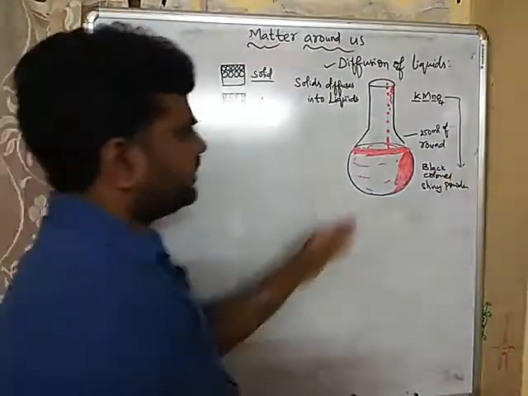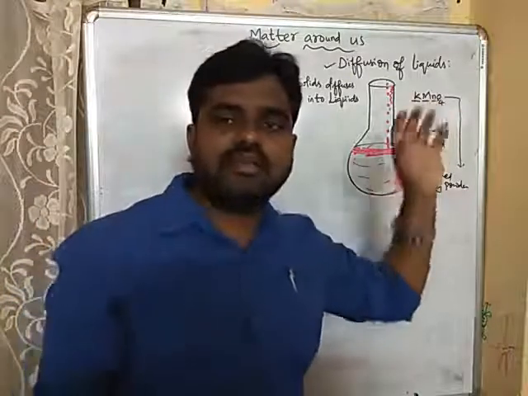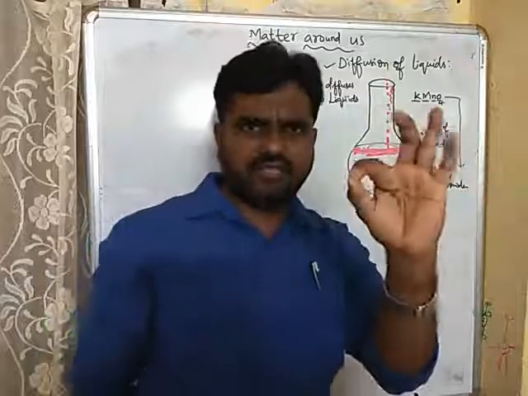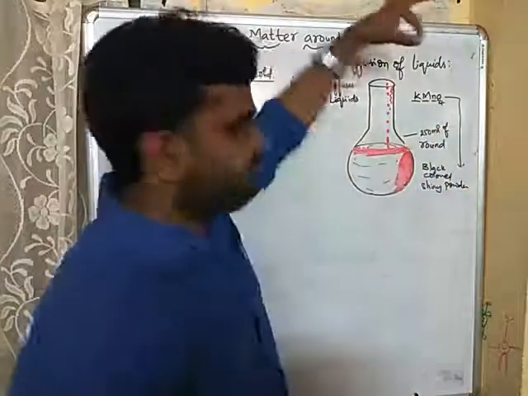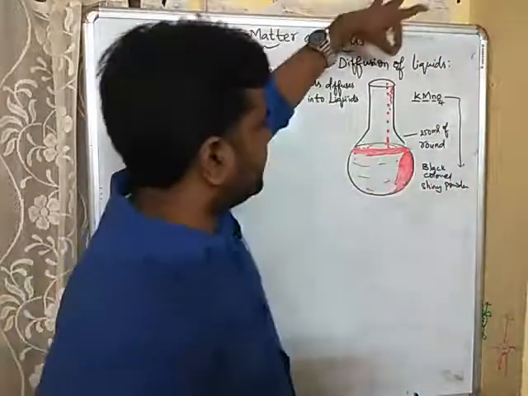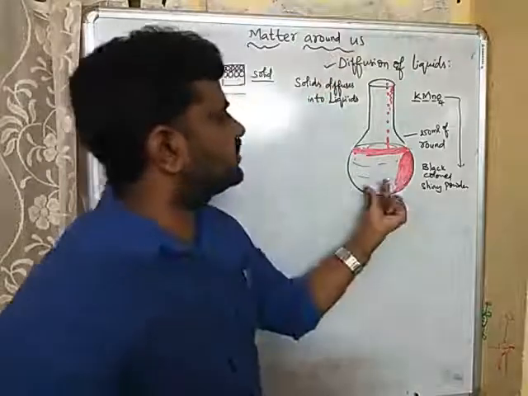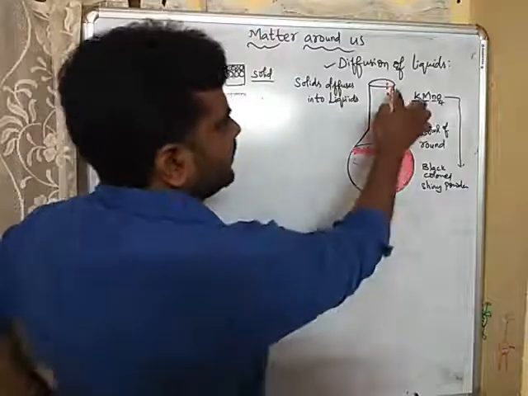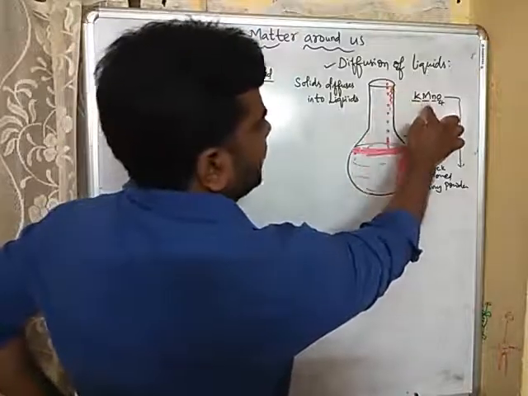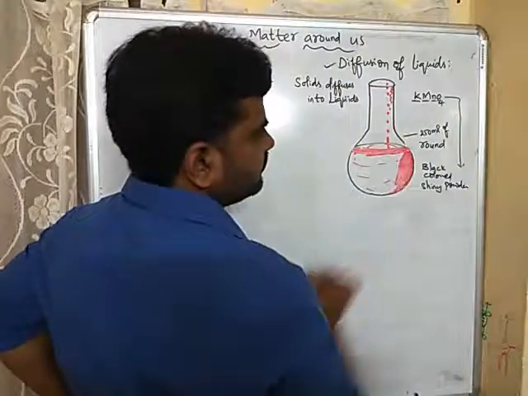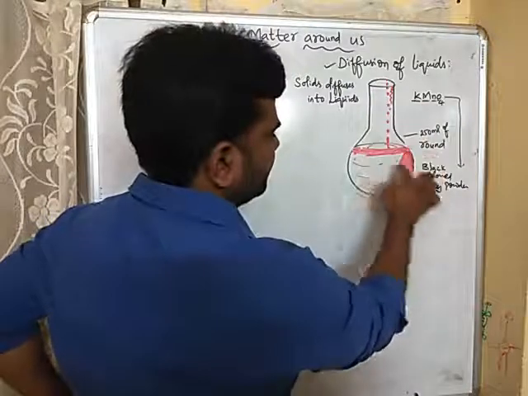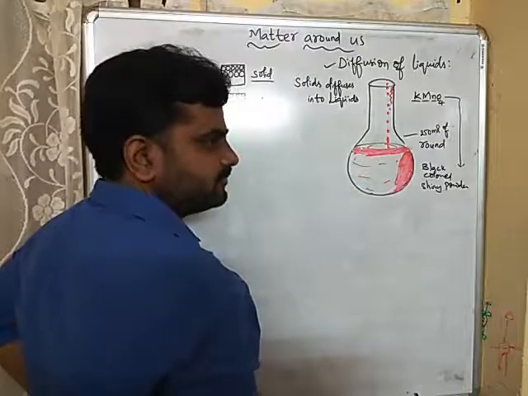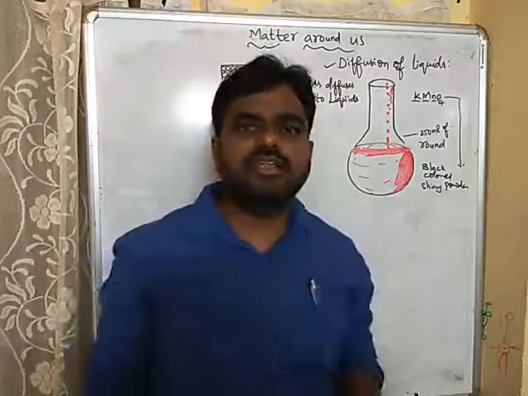Now this potassium permanganate is available in solid state. Take a pinch with the help of a spatula, then slowly drop it in this water. Immediately, within no time, the black colored potassium permanganate powder spreads all over the liquid and the color changes.